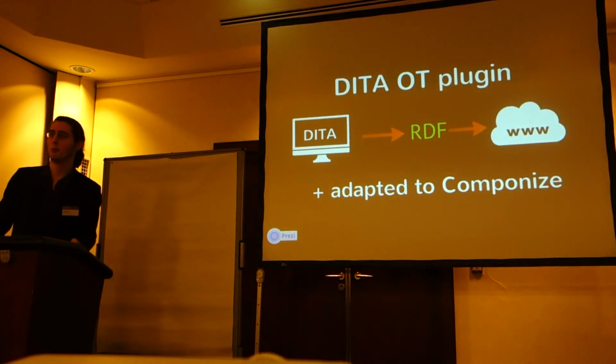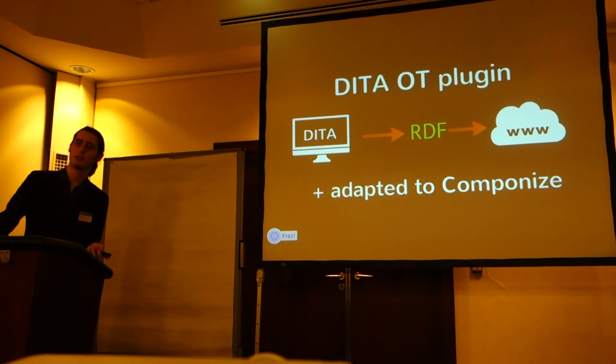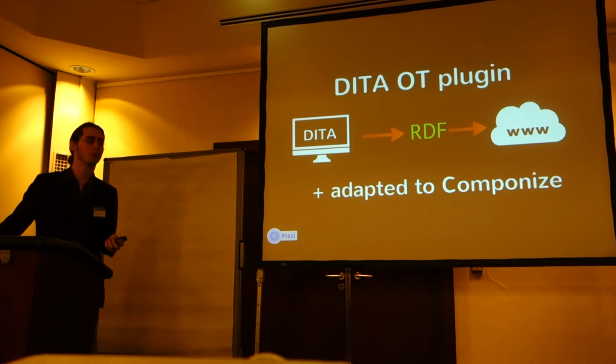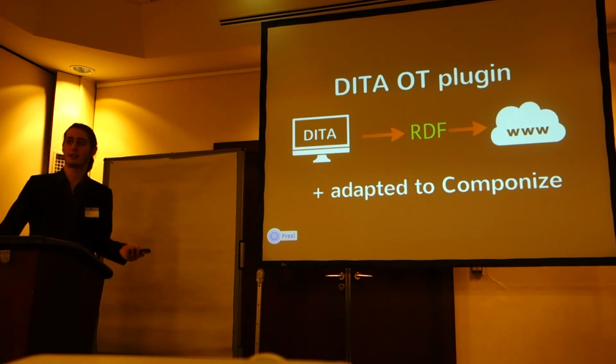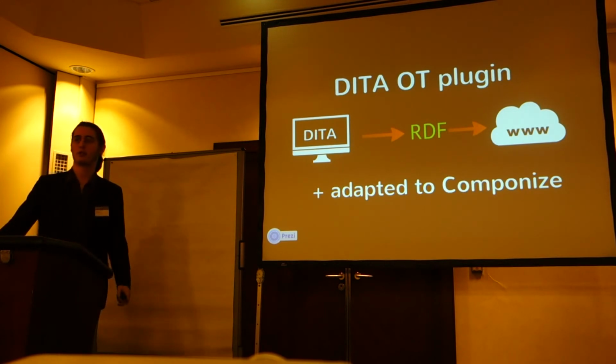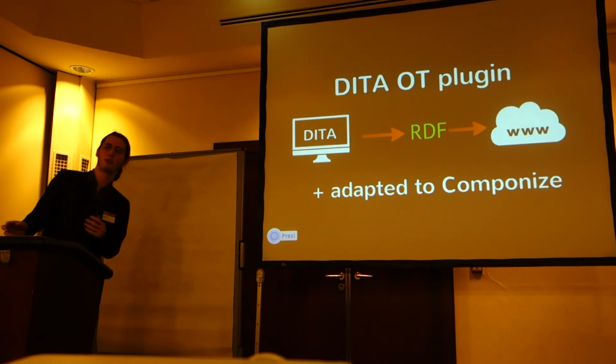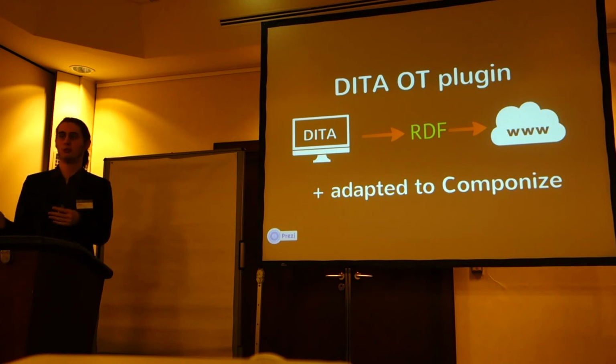There's a DITA Toolkit plugin that is based on PDF2. So it reuses some pre-processing from PDF2, merging. But instead of producing XSL-FO, it produces RDF XML, which is one of the serializations you can publish RDF in.